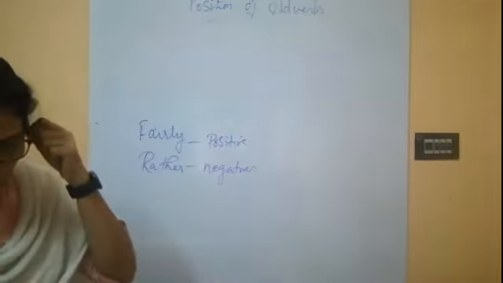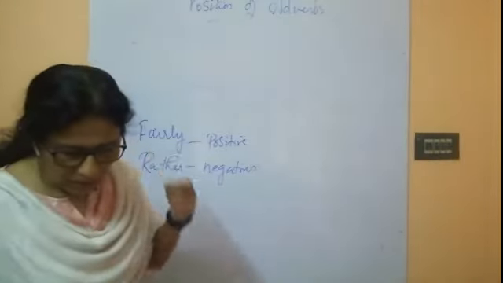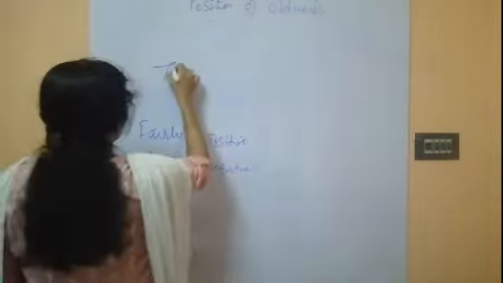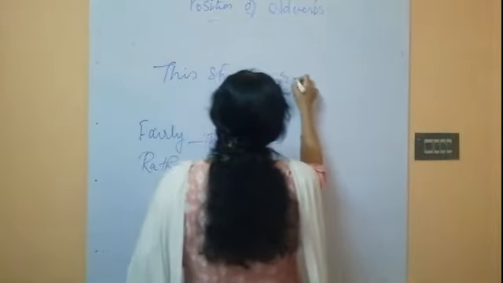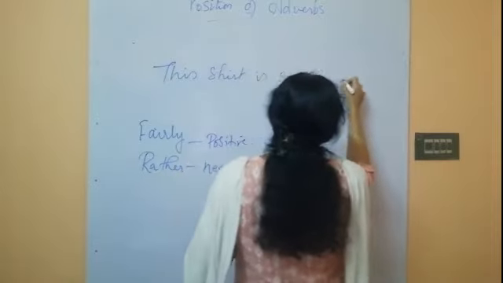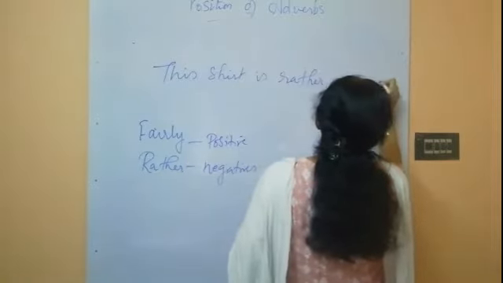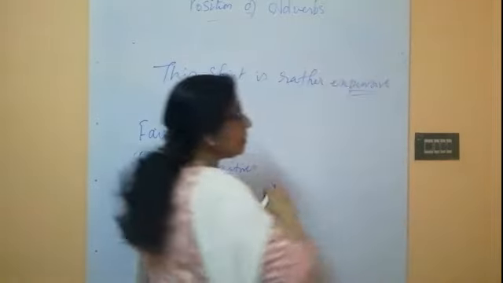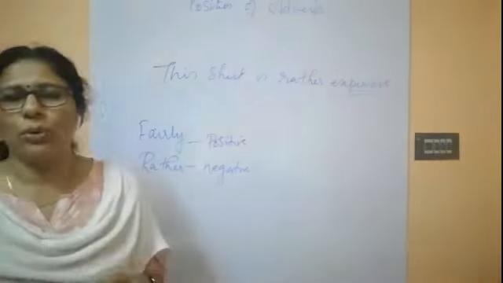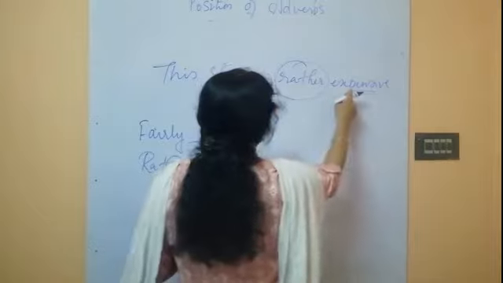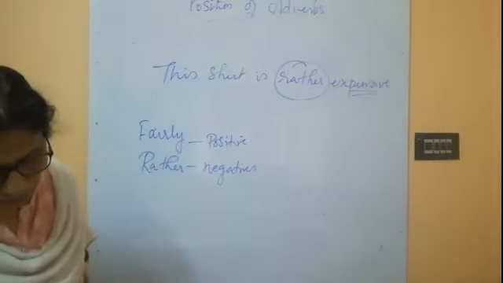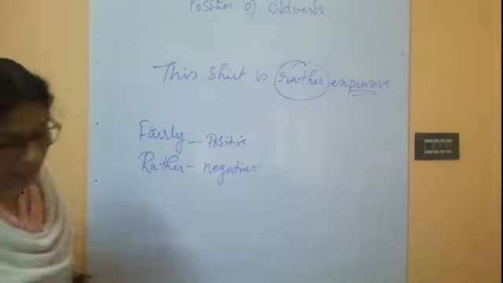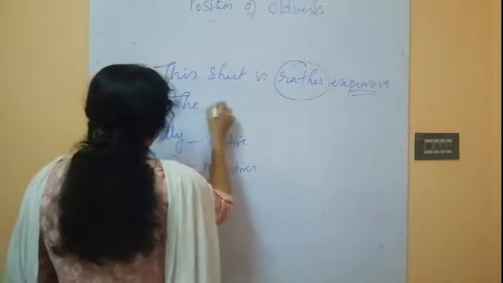One example I'll show you, then you can understand. This shirt is rather expensive. Why are we using rather here? Because expensive is not a positive thing, you have to pay more for it. So that is why rather is used with expensive. And the child is fairly clever for his age.